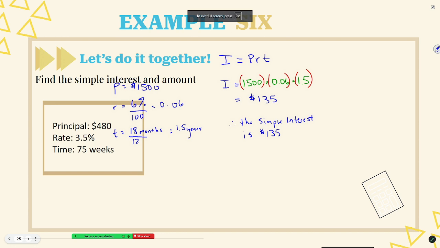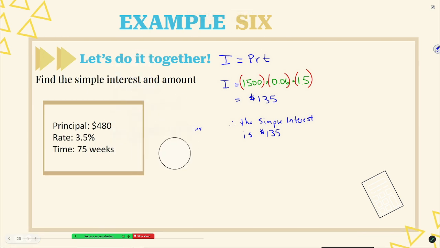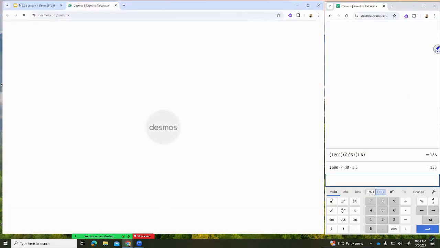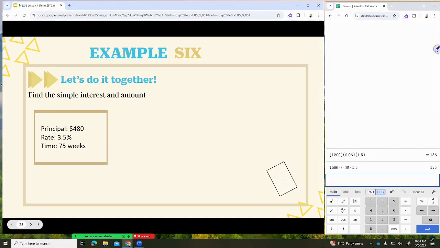The next one is one more example to help practice calculating. Principal is $480. We don't need to do anything with that. That is what principal is. Rate is 3.5%. We have to divide it by 100 to give us rate as a decimal.